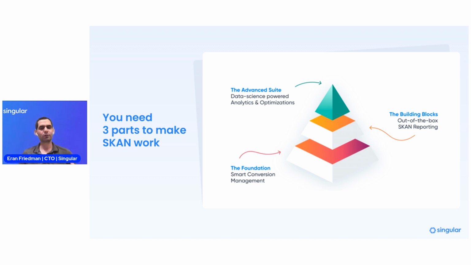So if I try to focus on the solutions, what do the solutions look like today for SKAdNetwork? If I try to simplify, there are three basic layers in how it works, kind of building blocks. The first foundation is what we call smart conversion management. This is the entire layer, the first building block, that handles the conversion values for you. So you, for example, decide on a conversion model.